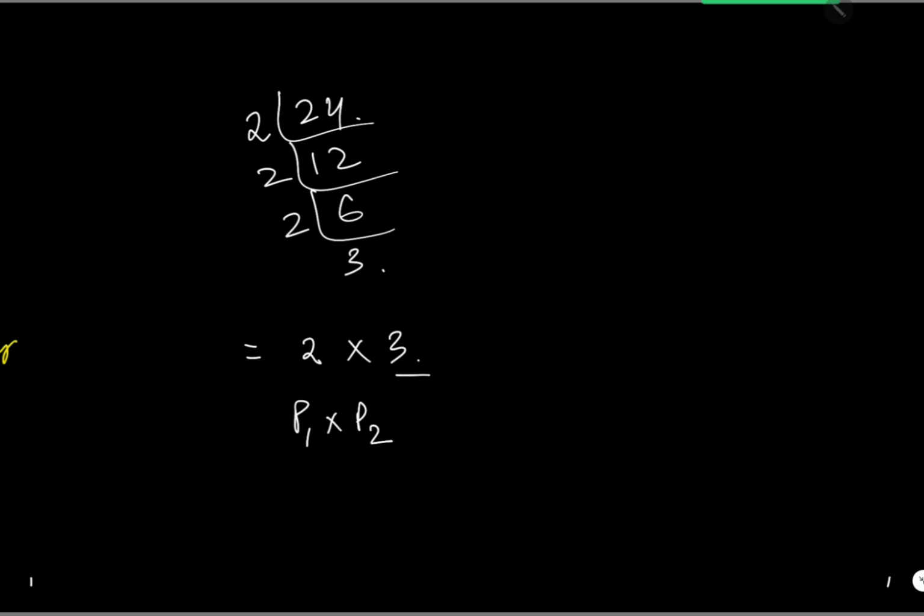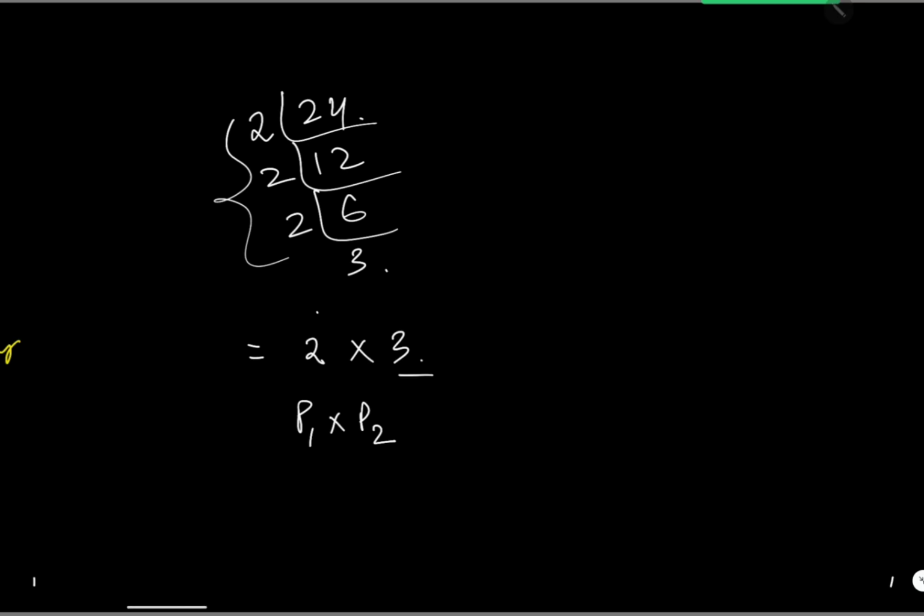And what are a1, a2 till ak? They are the powers of the prime numbers. So over here we can see that 2 occurs thrice, so we're going to write it to the power 3, while the prime number 3 occurs just once, so we'll write it to the power 1.